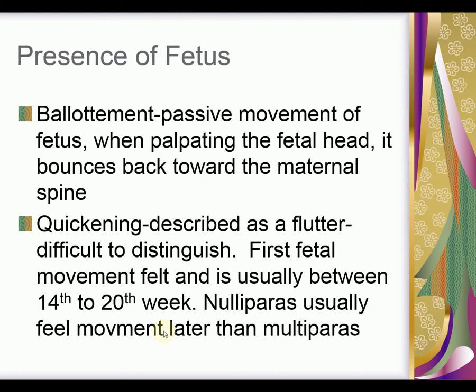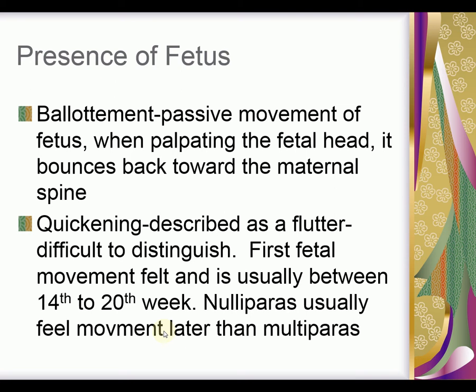So, presence of that fetus: ballottement. A lot of times you'll hear the nurse say, well, the baby's ballottable. If you have a ballottable baby and you're at term and you think you're in labor, you're usually not, because if the baby is ballottable, it's not applied itself in the pelvis, and it's not applied to the cervix.